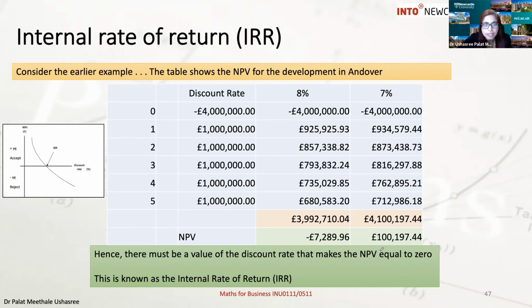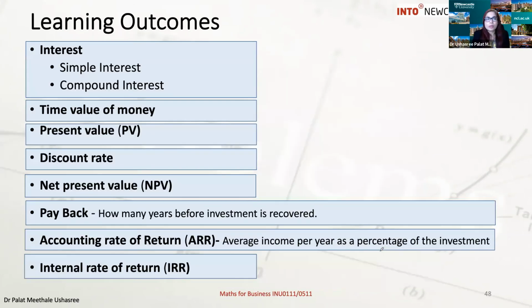Okay, so that's the end of your lecture for week 3. We have seen a formula for simple interest and compound interest. You have seen the importance of time value of money. You understood the time value of money in terms of the present value and the discount rate.